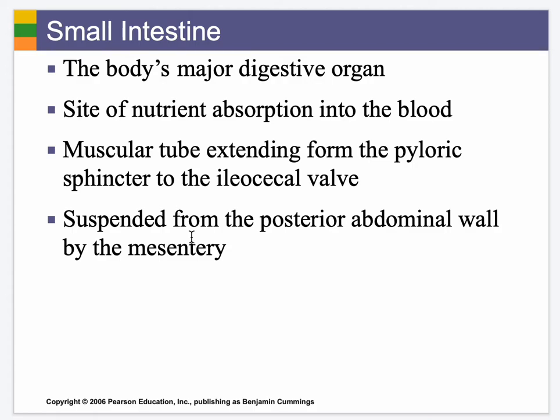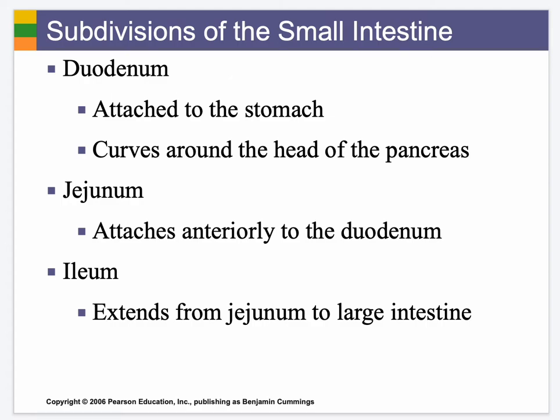And it's suspended from the posterior abdominal wall by the mesentery. So, this is very important, DJI. So, ito yung subdivisions of the small intestine, especially for your level, dapat hindi kayo malito na. First, yung naka-attach sa stomach, that's your duodenum, and naka-curve siya around sa head ng pancreas.